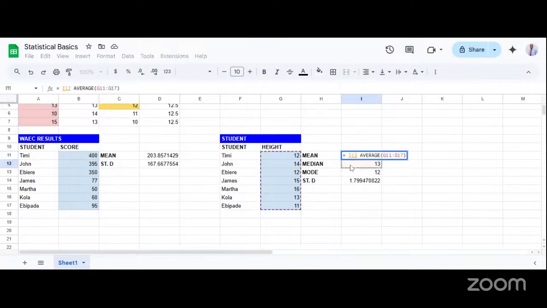To write a median equation, you just write median, but remember, you always need to start with your equal to prompt, because using the equal to prompt lets the spreadsheet software know that you're about to input a logical or mathematical operation. Remember, by default, the cells are just designed to enter in data.